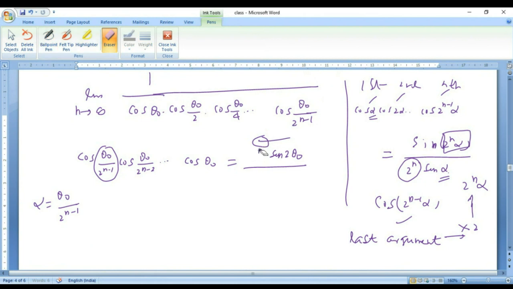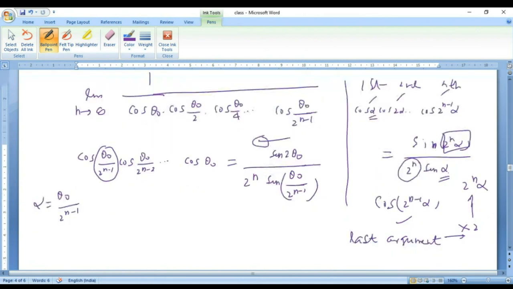So this is sine 2 theta naught over 2 to the power n times sine of theta naught over 2 to the power n minus 1. That's a huge expression. This equals this one. We have to invert it and find the limit.